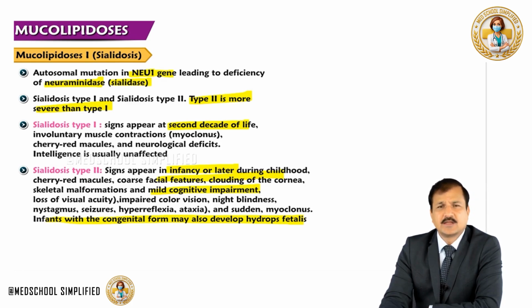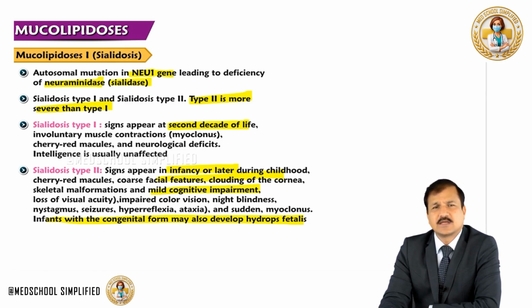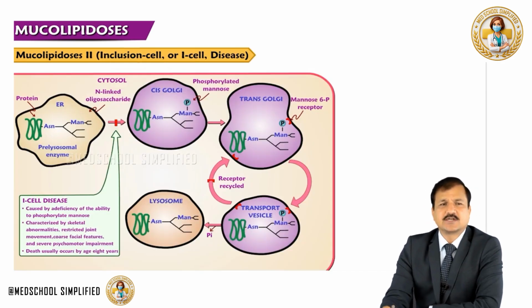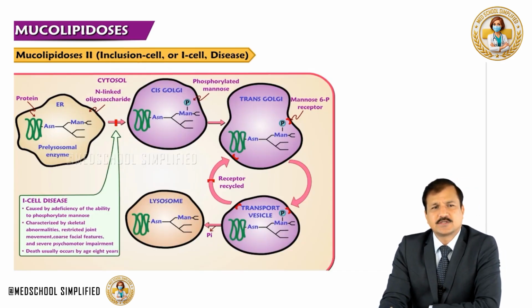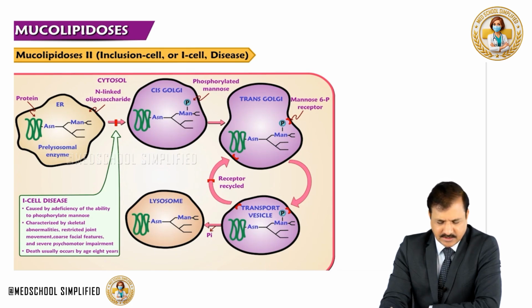So remember, the enzyme that is deficient in this particular disease is neuraminidase or sialidase, and the gene that is mutated is the NEU1 gene.